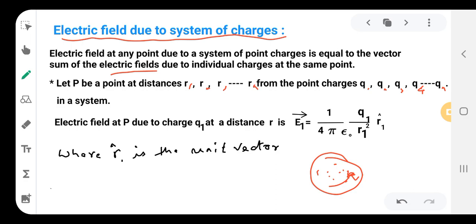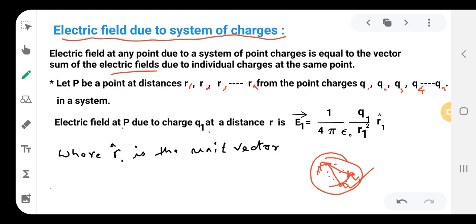So there are n number of charges in a system. Then, if we consider any point P here, what will be the electric field from Q1 at P? What will be the electric field from Q2 at P? In this manner we have to consider.